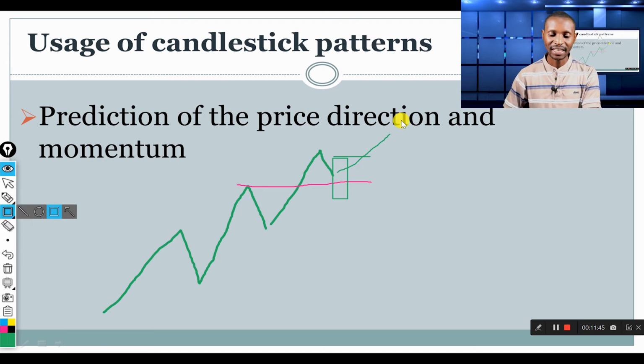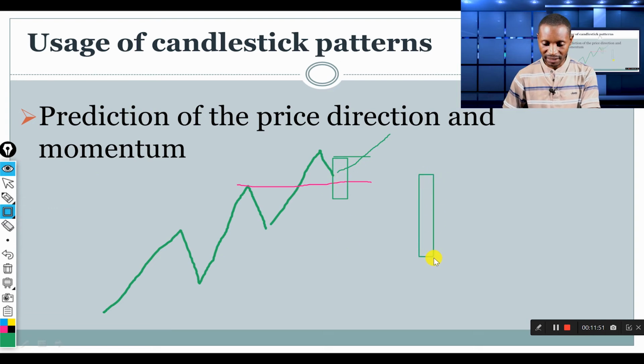And the second, it will help us to know the momentum behind the candlestick pattern. This, for example, is a bullish candle which has a big body like this one. It is showing bullish momentum, but it is different to this candle which has a smaller body like this one.